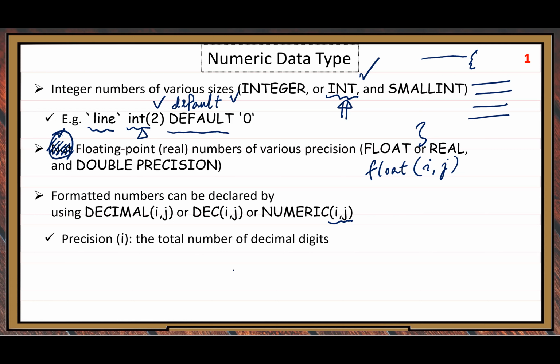That's the total precision. Scale, we need to specify the number of digits after the decimal point. So then you can understand the details of your data type with these two numbers.